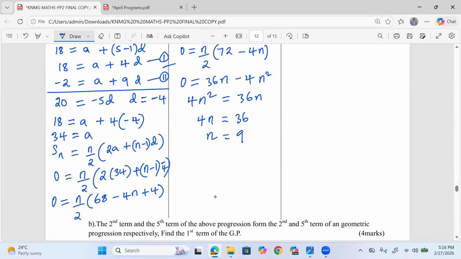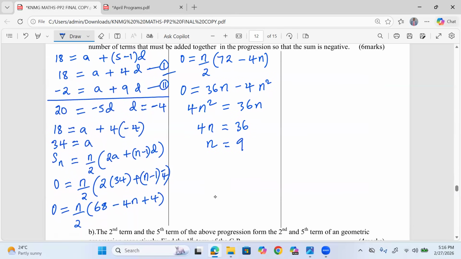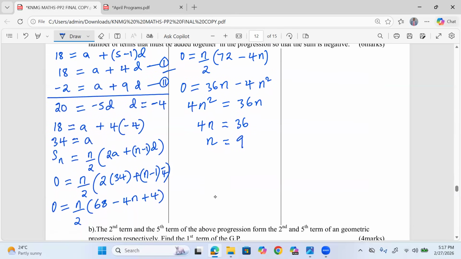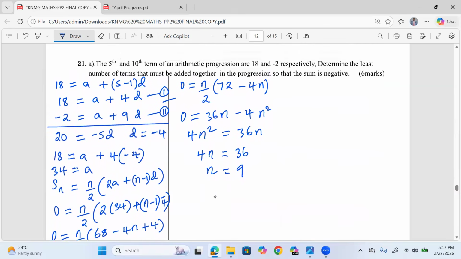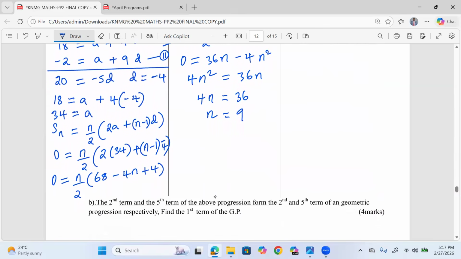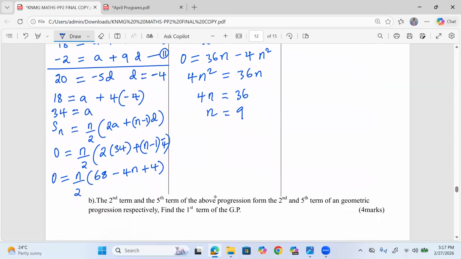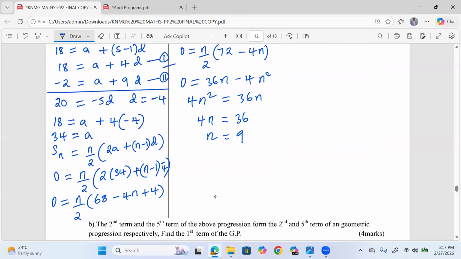I hope that part is properly considered and properly multiplied. Okay, so the value of n is 9. Now, if the value of n is 9, you will just allow me to talk about, just a minute.